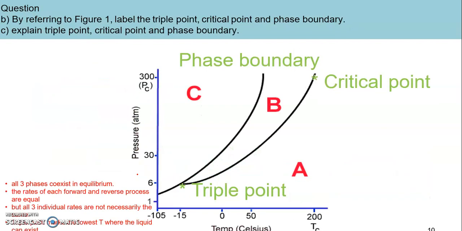So the question asks us to label the critical point and also the phase boundary. So here is the critical point, and this is a phase boundary, and explain what is the critical point and also the phase boundary.